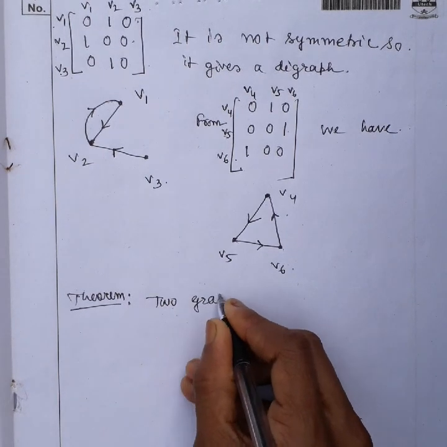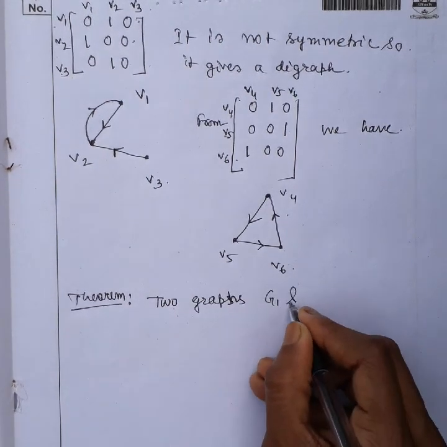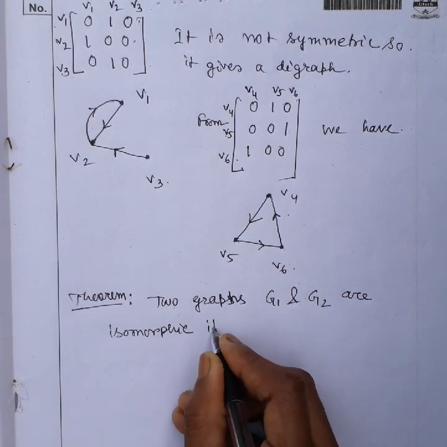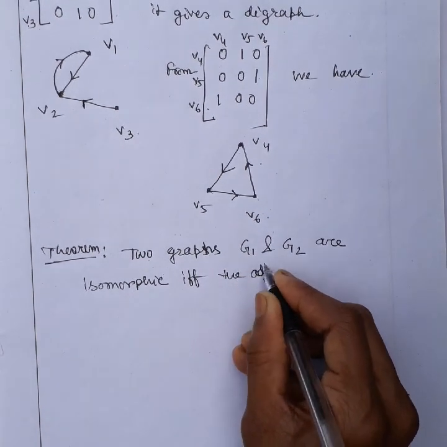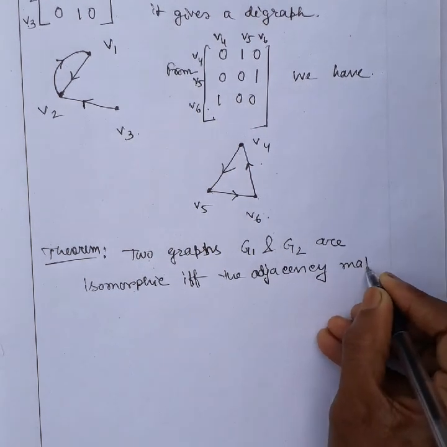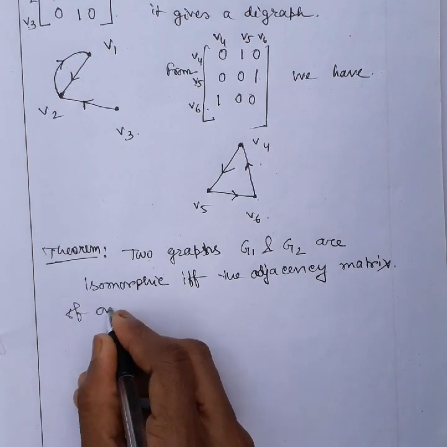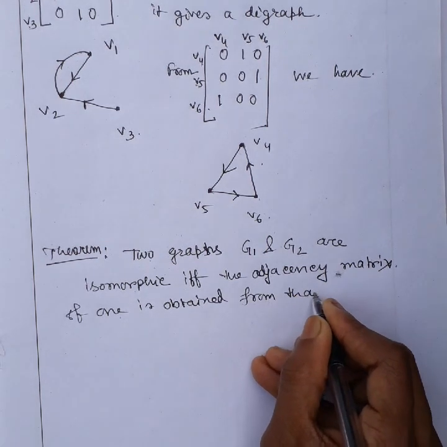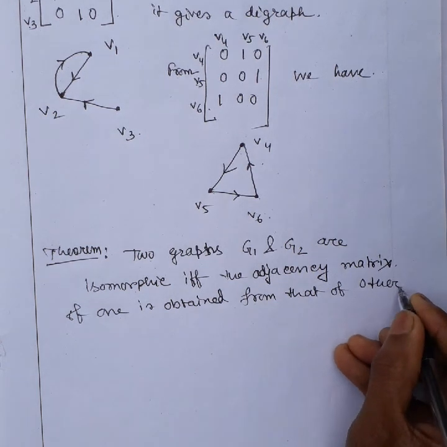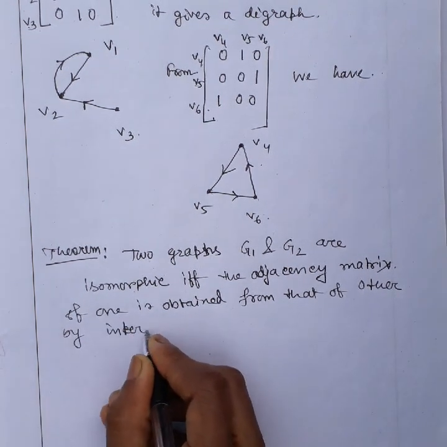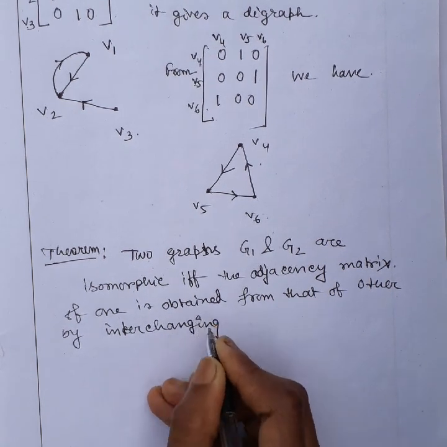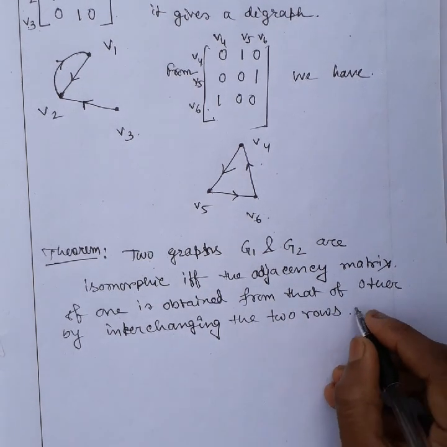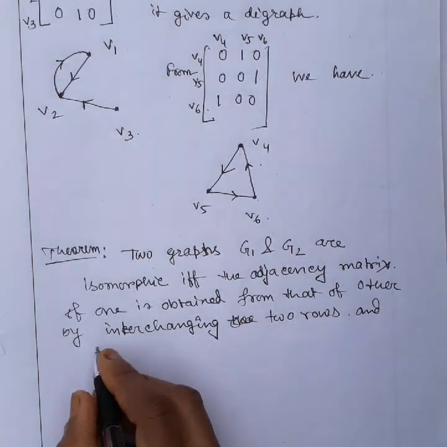Two graphs G1 and G2 are isomorphic if and only if the adjacency matrix of one is obtained from that of the other by interchanging two rows and columns.